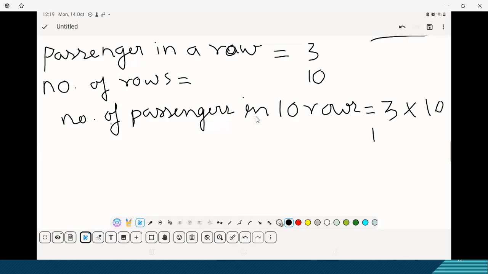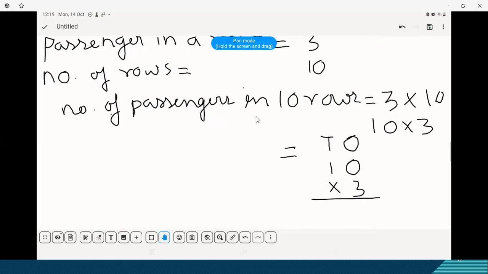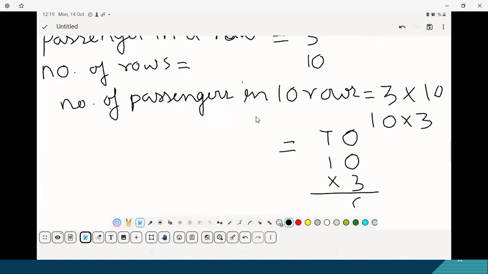We can also say 10 multiplied by 3. This is a multiplication fact. Then we have to multiply. How will we do that? T and O, tens and ones, multiply by 3. 0 multiplied by 3 is 0, so we'll write 0 here, and 3 multiplied by 1 is 3. So the answer will be 30 passengers.